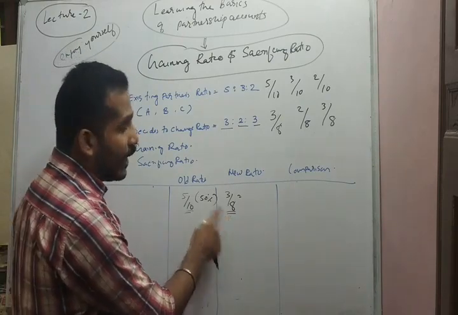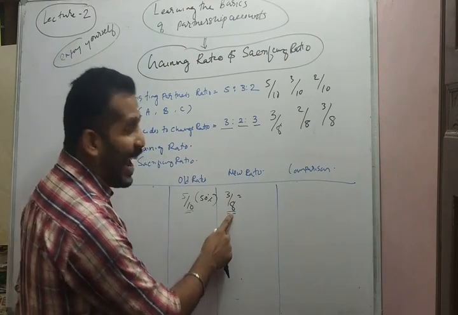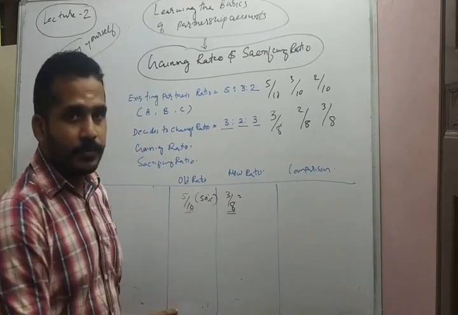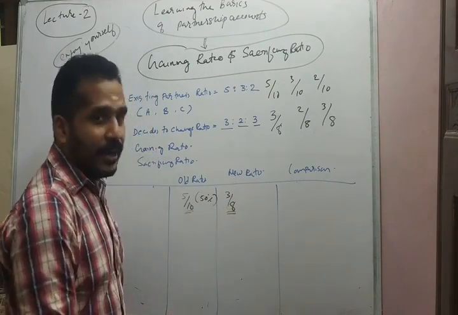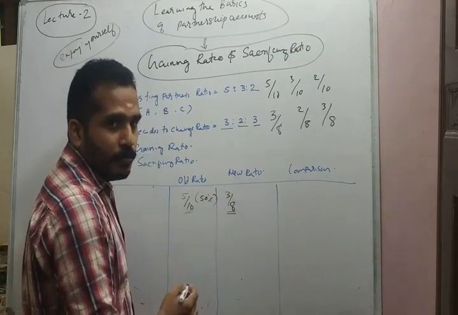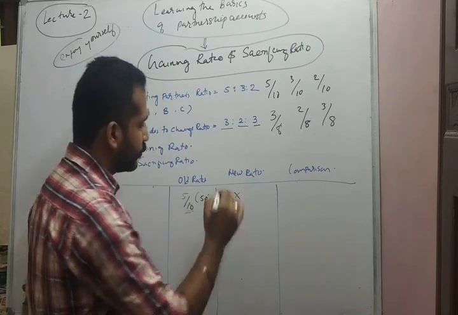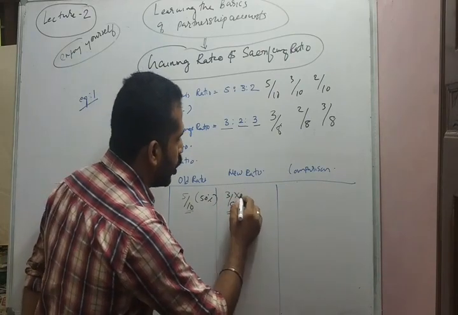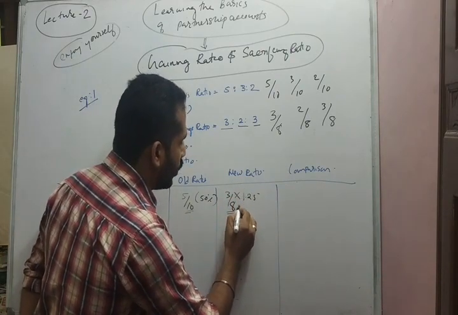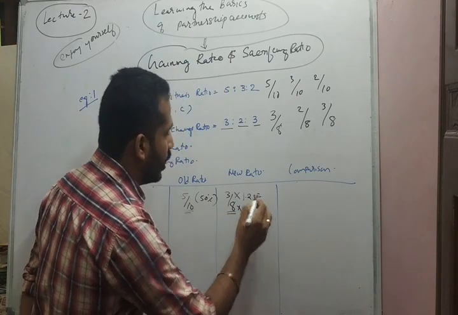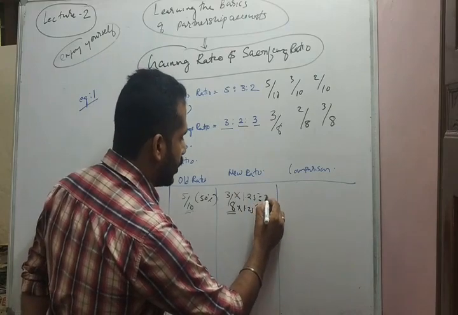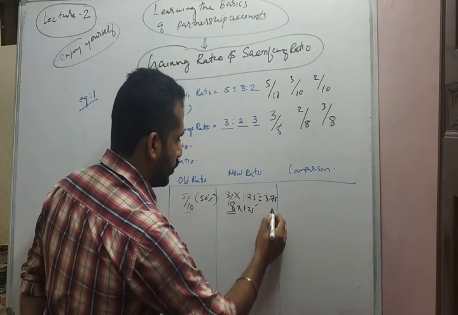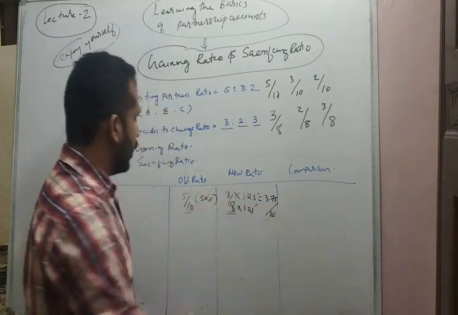So for 3 by 8, you should convert the 8 into 10. How can you convert that? Both 3 and 8 should be multiplied by how much? By 1.25. Then we get 3.75 by 10.